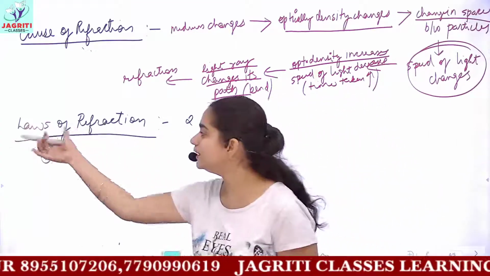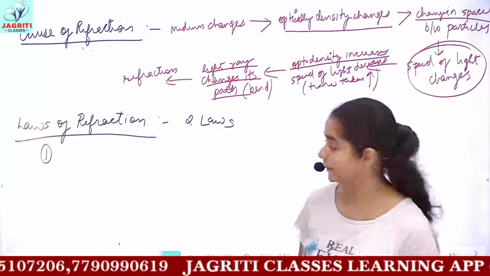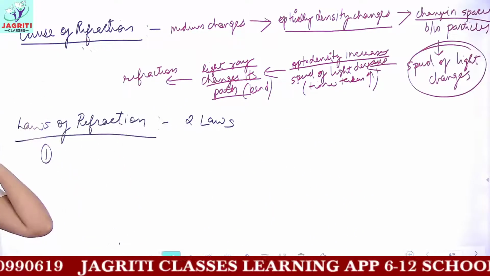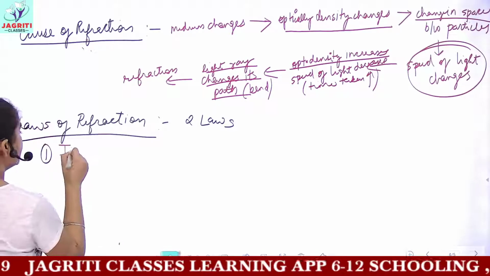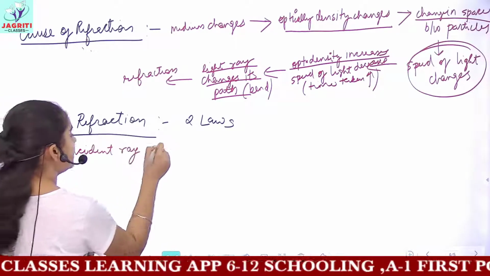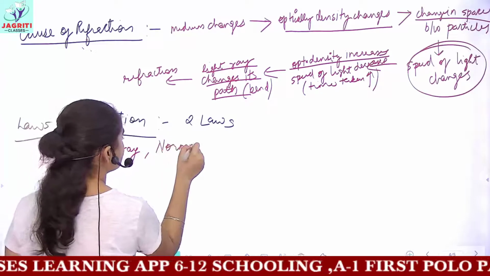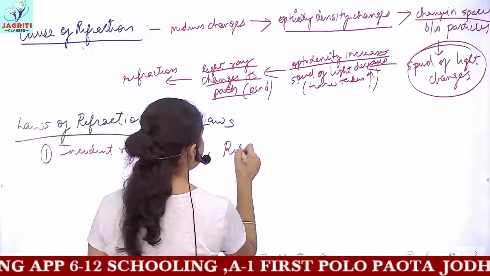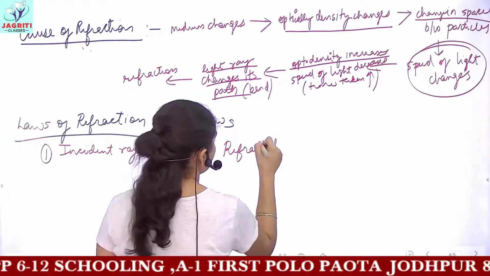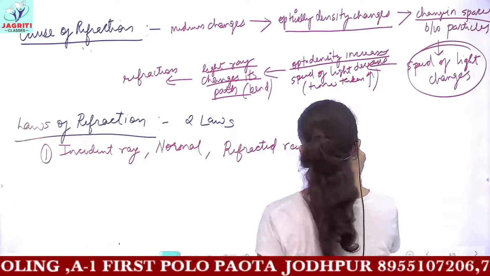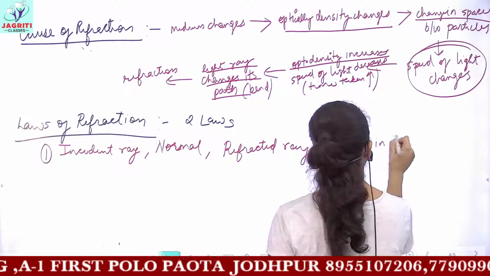Now moving on to the laws of refraction. The first law is the same as the law of reflection which we did. That is, the incident ray, the normal which is a straight perpendicular imaginary line, and the refracted ray, they all lie in the same plane.